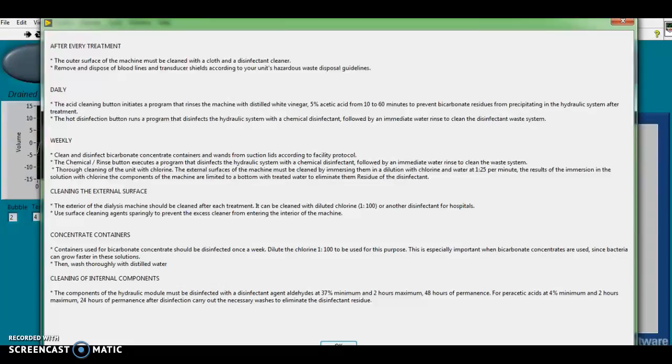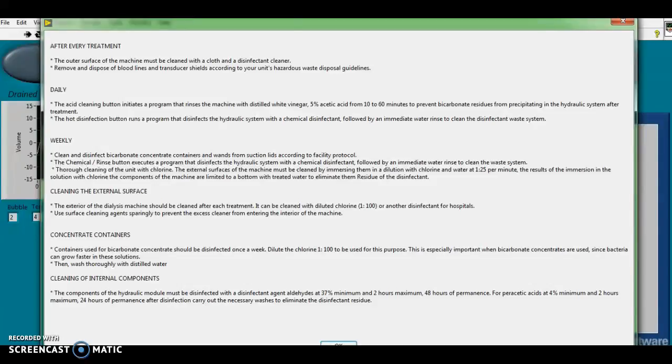The exterior of the dialysis machine should be cleaned after each treatment. It can be cleaned with dilute chlorine at 1 to 100, or another disinfectant for hospitals.